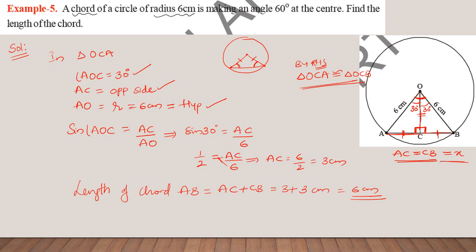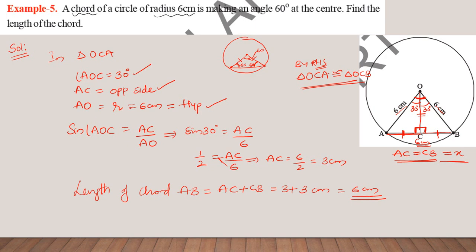If this particular angle is 60 degrees, then all these angles are 60 only, because the sum of angles in a triangle is 180 degrees. So this is an equilateral triangle, so all side lengths must be equal. If this is 6 and this is 6, then automatically this whole length is also 6 centimeters. That is one more approach when the central angle is 60 degrees.